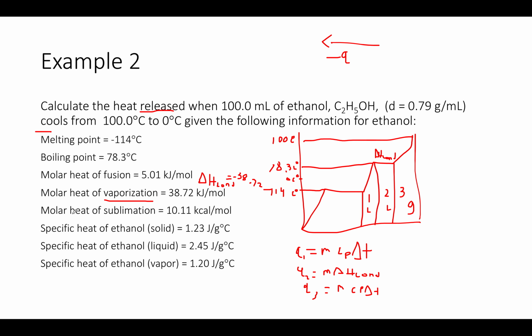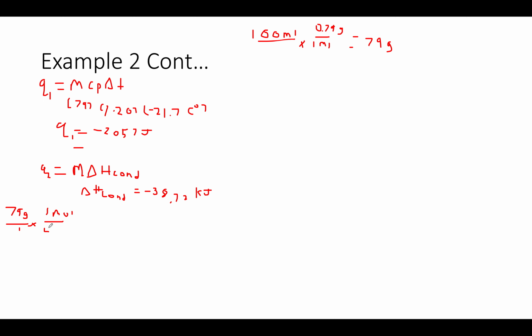So that's 46 grams for a molar mass of ethanol. 1 mole, 46 grams. It takes 1 mole of ethanol to cool into a liquid, and it uses negative 38.72 kilojoules of heat. One kilojoule, 1,000 joules.